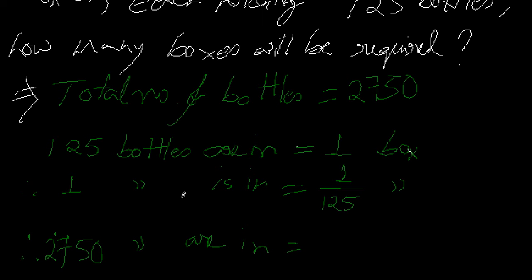If 1 bottle is in 1 by 125 box, then 2750 bottles are in a much larger, higher number of boxes. Higher number of boxes means I have to multiply. That means I have 1 by 125 and I multiply 2750 with this, and whatever I get, that number of boxes are required.